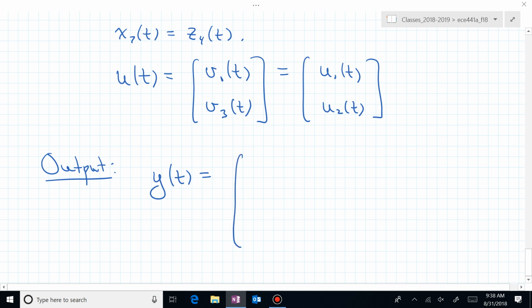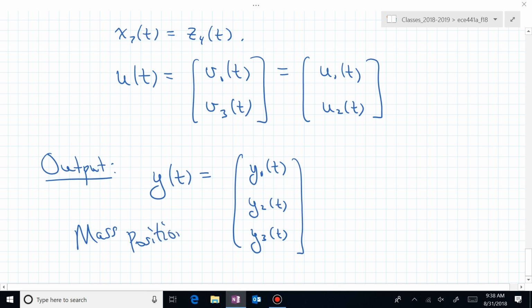So how many masses did we have? 3. So we're going to have 3 components. And let's try to be somewhat consistent. Let's say y1 is the position of mass 1, y sub 2 is the position of mass 2, and y sub 3 is the position of mass 3.